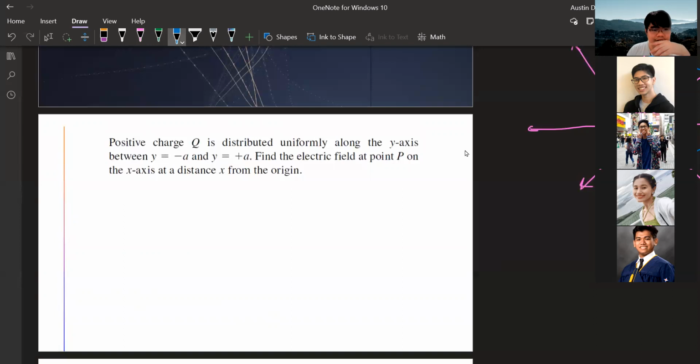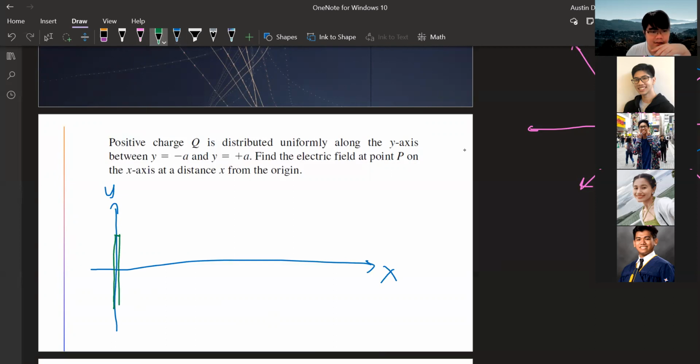So may positive charge Q daw that is distributed uniformly along the y-axis between A and negative A. So let's draw. Okay, this is X, this is Y. And you have some charge that is distributed on, this is negative A, this is A. Okay. Uniformly distributed.